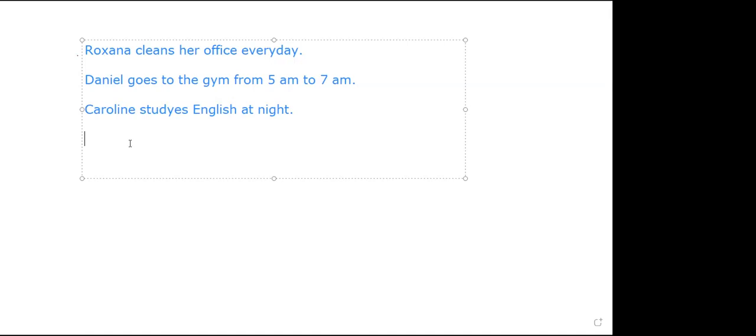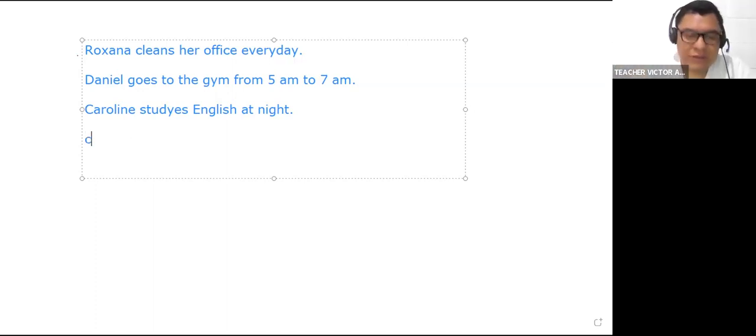Change. Okay, we can say change, right? It means cambiar. I want to teach you this other word, replace. It means reemplazar, right? You can use these two words. You change or you replace.